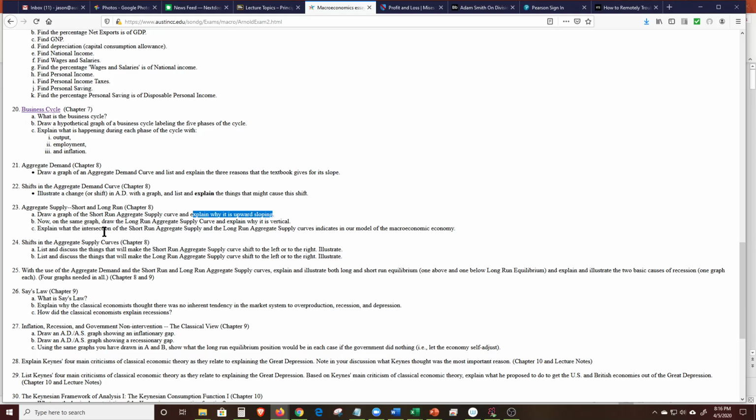And finally, we need to explain what the intersection of the short run and long run aggregate supply curves indicates in this model of the macroeconomy. And right after we do 24, we will have put together our little model of aggregate supply, aggregate demand, short run aggregate supply, long run aggregate supply.